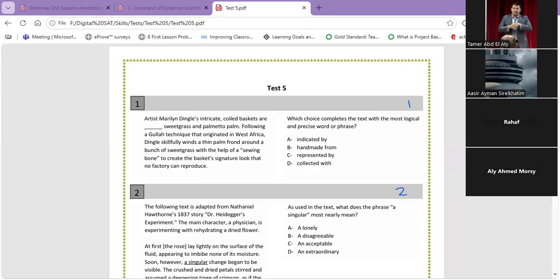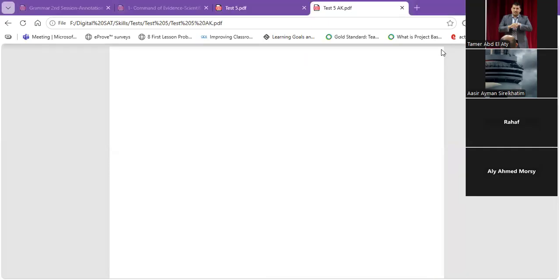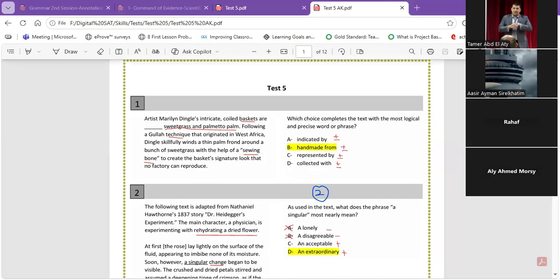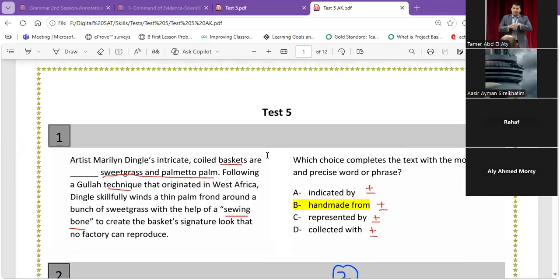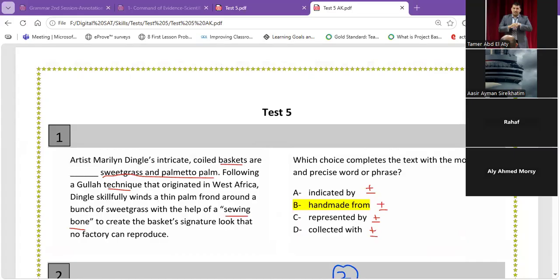Let's find together the answer. As you know, the beginning of the test actually starts with a kind of domain 2 that is vocab. You have seen the answer of number 2, may God forgive you. Okay. So the first thing that we come to when we are answering, we find the connotation for each word.